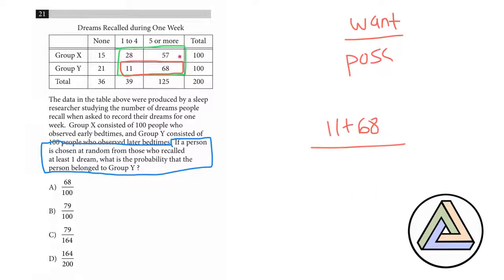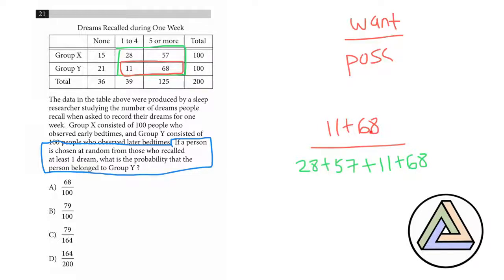And the population we're honing in on is this green population. So that's going to be, I'll even write it in green, 28 plus 57 plus, was it 11 plus 68? So actually including those two. And it looks like these are all fractions.